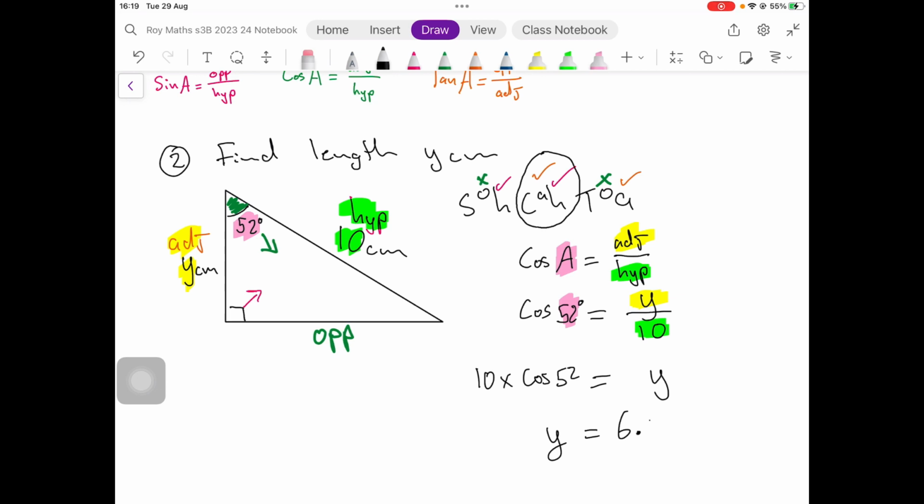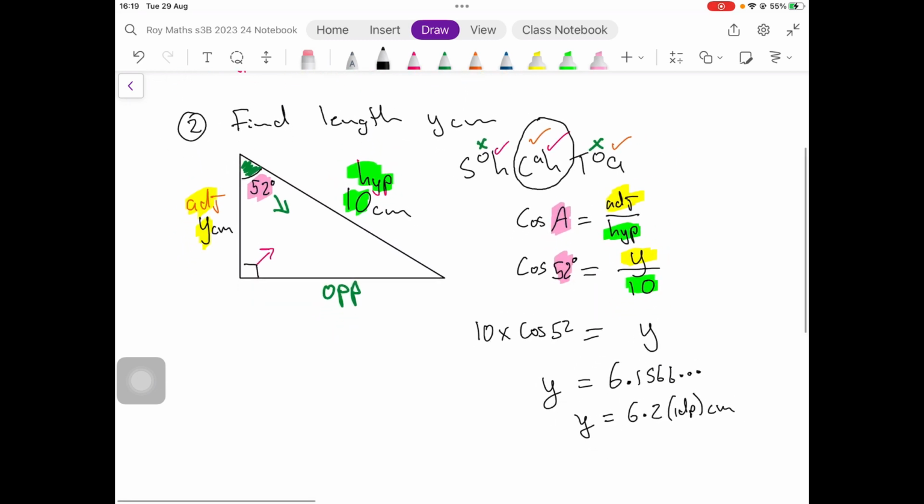Our calculator tells us 6.1566 and so on. We're going to round that to one decimal place, so 6.2 to one decimal place. And that is the length of Y in centimeters.